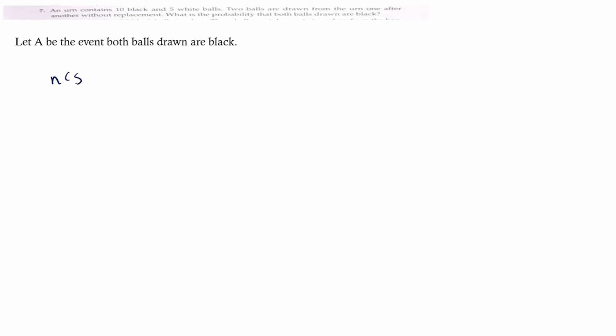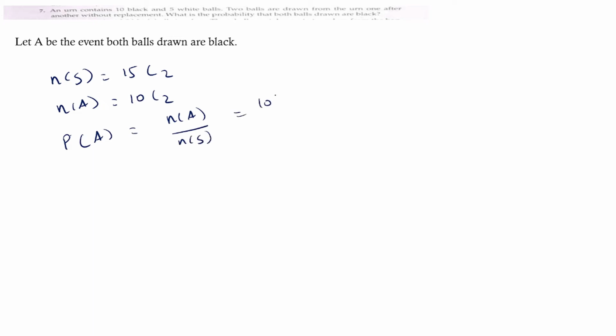So here N of S is, there are in total 15 balls. Now 2 balls can be drawn from the 15 balls in 15 C2 ways. And N of A is the event both balls drawn are black. 2 black balls from 10 black balls can be drawn in 10 C2 ways. So probability of A is equal to N of A upon N of S. So it is 10 C2 upon 15 C2.